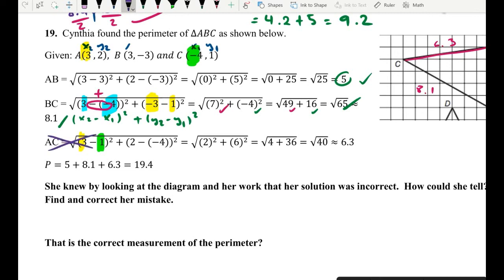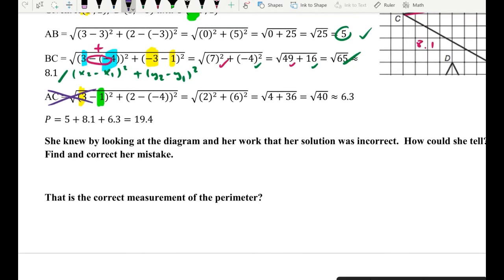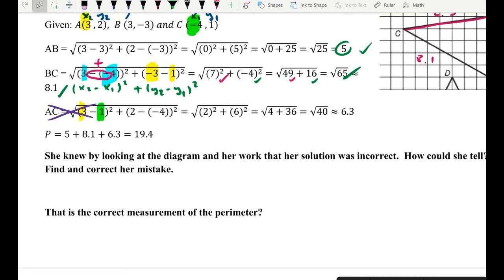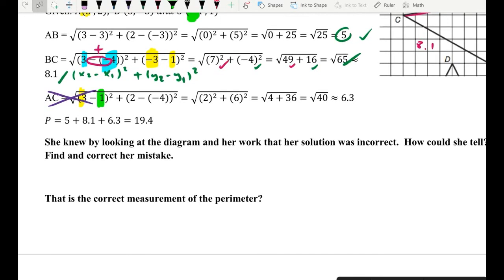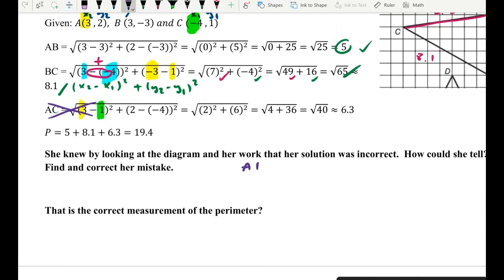So what we're going to do is find AC on the side and then come back to find the perimeter. I'm going to bring down my A. The coordinate of A is (3, 2), and C is (-4, 1).